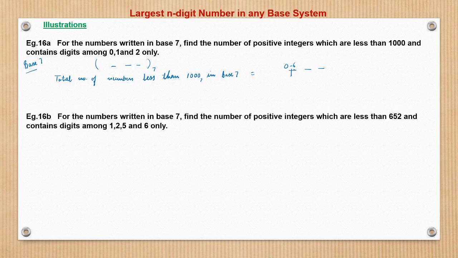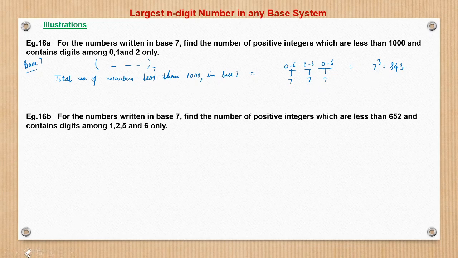It can take 0 also because the number can be 2 digits. So 7 possible cases, 7 possible cases, 7 possible cases. Total cases is 7 cubed, which is 343. The total number of numbers less than 1000 in base 7 is this only.